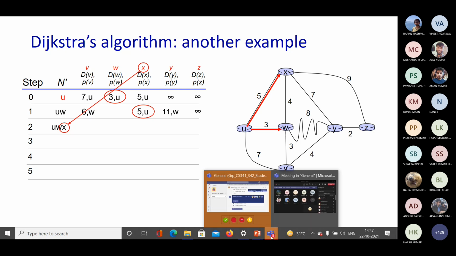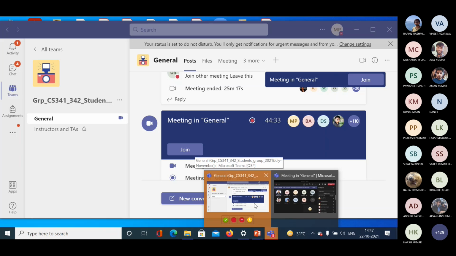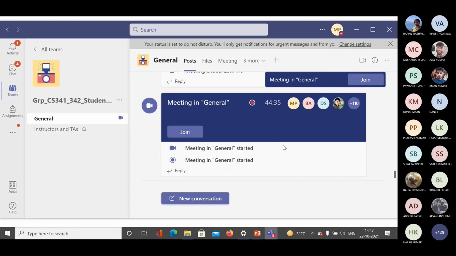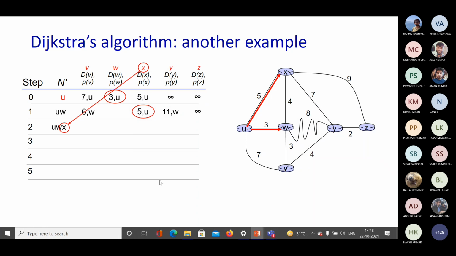Somebody said 12. No, no. See, U to X, X to Y is 12, definitely.